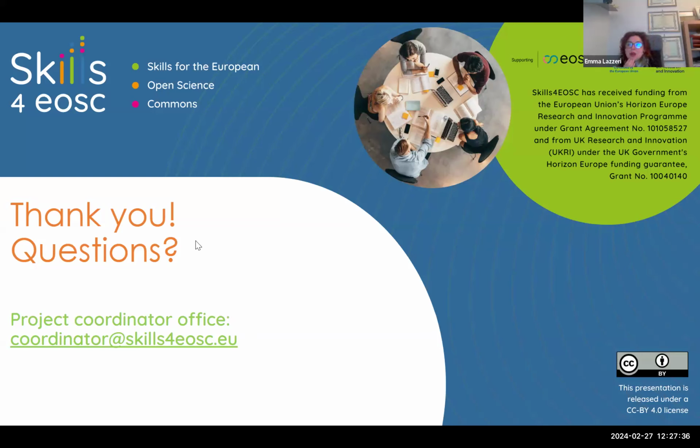And it has the aim of aligning the skills at European level, or at least in the context of Skills for IOSC, for those competence centers that need to develop training programs for data stewards. So the idea there is we are discussing with many different actors, and we are collecting information on what the training for data stewards include in the different contexts, and in order to create a single curriculum that can help for the alignment.